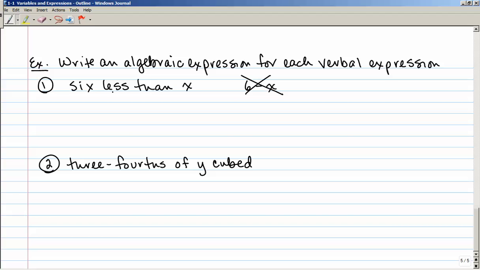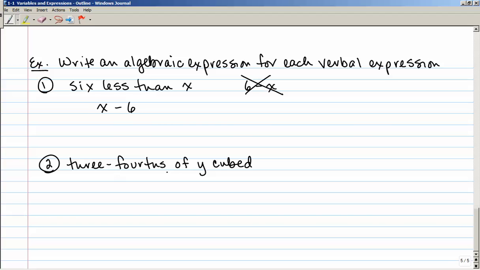I need 6 fewer than x. So if I have, let's say, x number of M&Ms in my hand, I need 6 less than that. I'm going to be subtracting 6 or taking away 6 of those M&Ms. So 6 less than x is going to be x minus 6. 6 fewer M&Ms than those that I have in my hand.